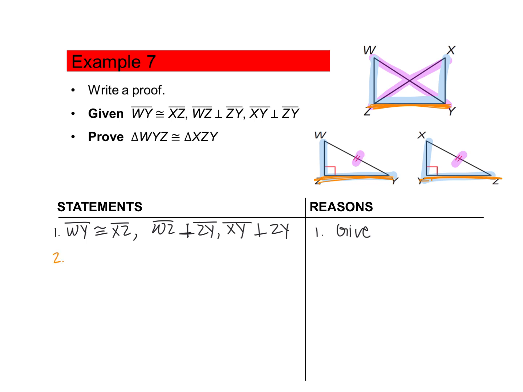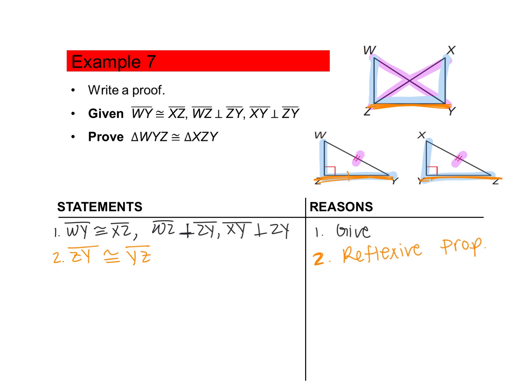So 2, I would say ZY is going to be congruent to YZ. How do I know that they're congruent? Yes. They're reflexive. Okay, keep in mind it's different than symmetric. This is going to be reflexive because it's the same side with the same side. So for this one, it's reflexive property.